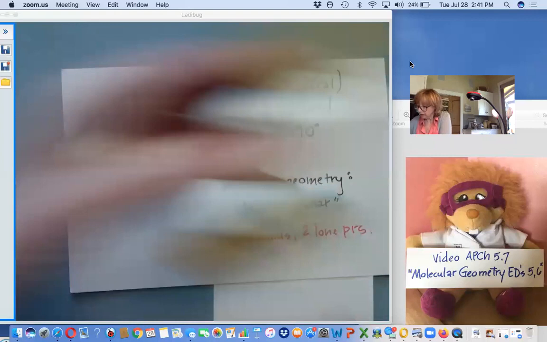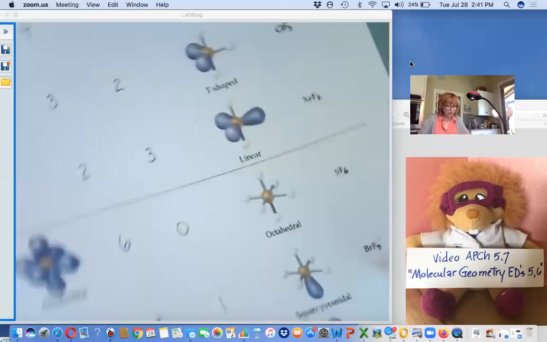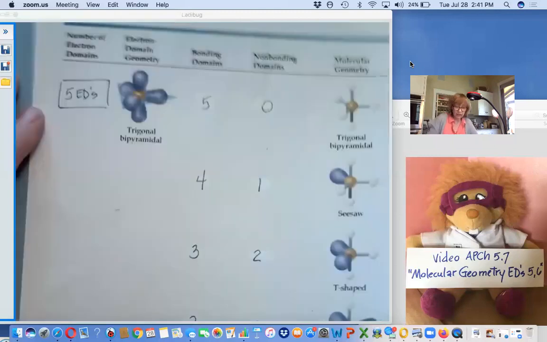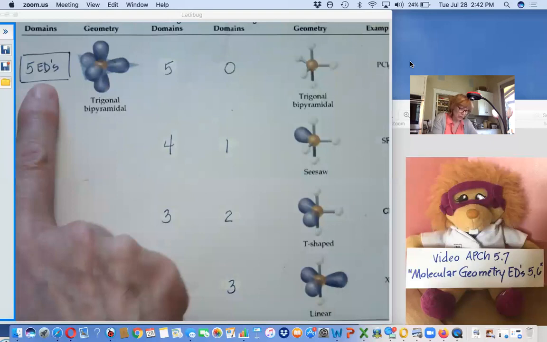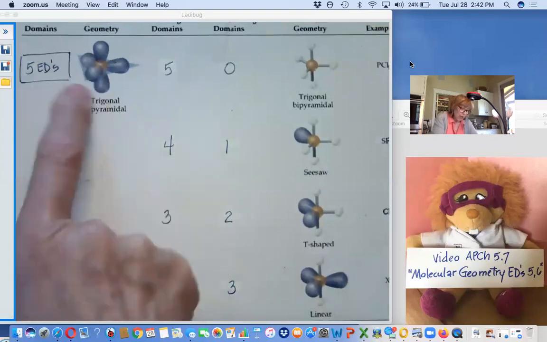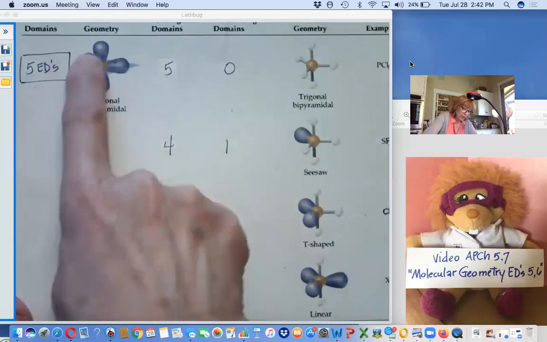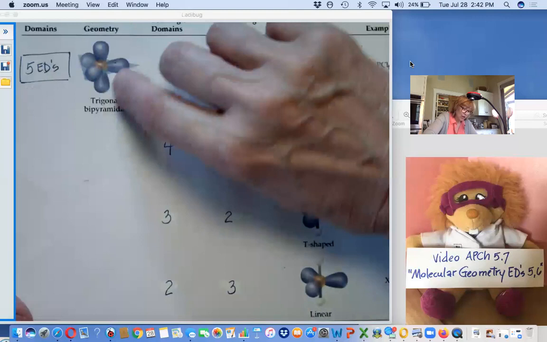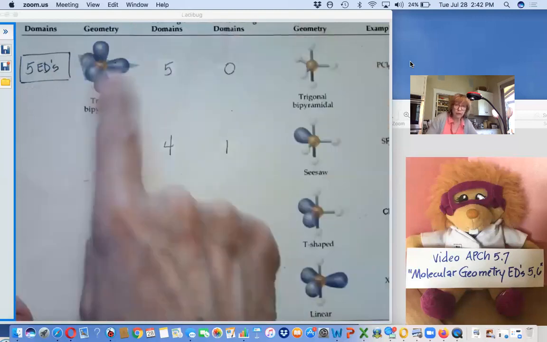Okay, guys, so in summary, you have this table in your textbook, and it just puts together everything we've just talked about. When you have 5 electron domains around the central atom, your bond angles are 120 around the equator, and then you have an axis that's 180 degrees with 90 degrees to the equator.